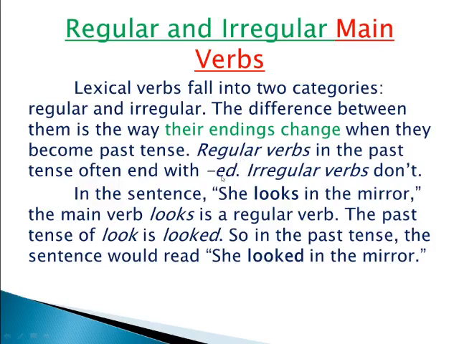So if you add ed to a present verb, you will get its past. But this rule is not applicable to every verb. Why? The example I told you earlier, worked.